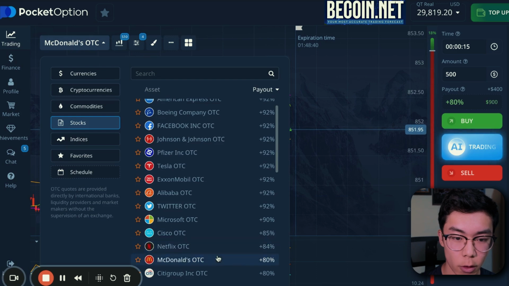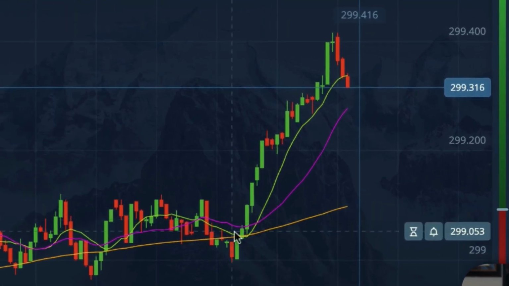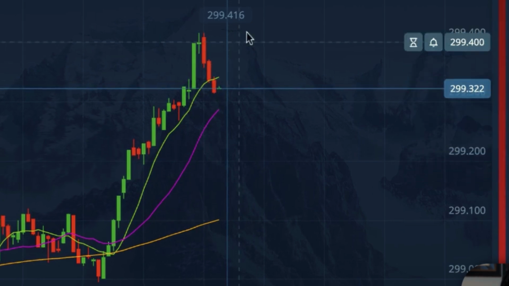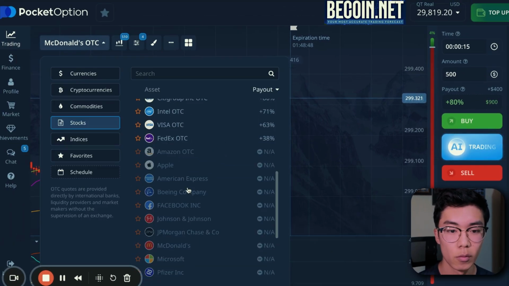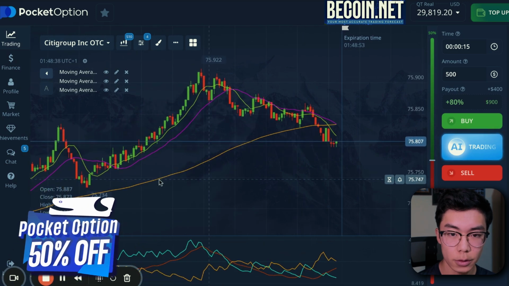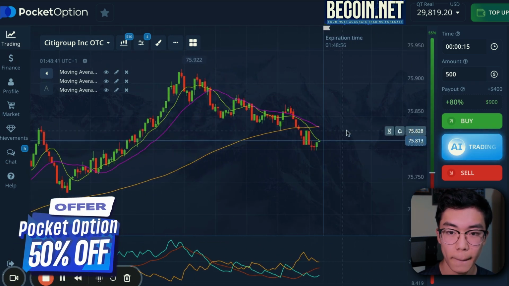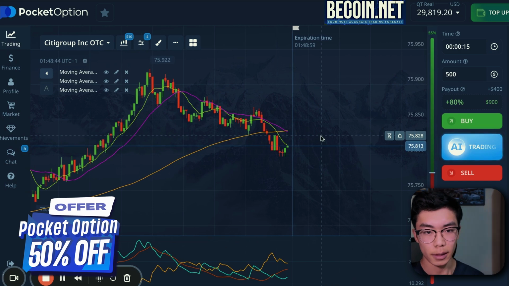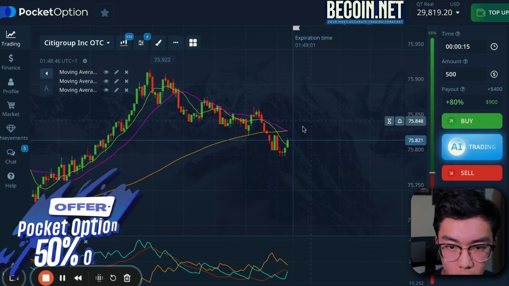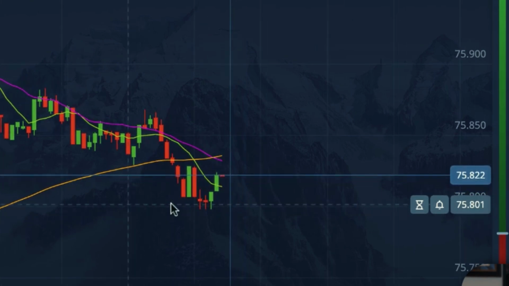So we can take over McDonald's potentially. Trend upwards. And as we see, it crossed over and went up a huge amount. Citigroup, trend upwards, went up a huge amount. Okay, and right here, we can see that it might be trending upwards slightly.